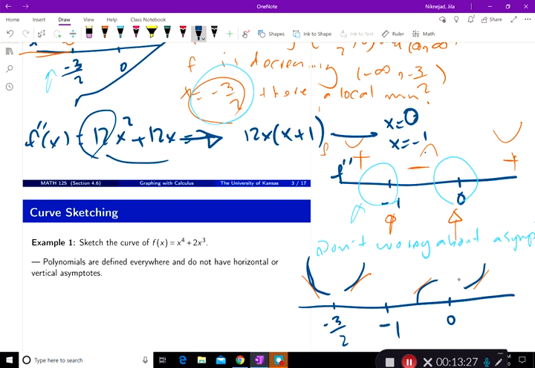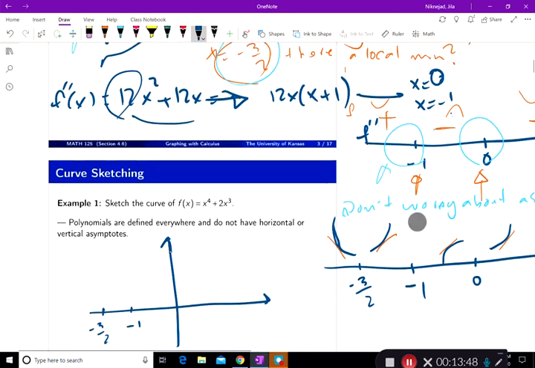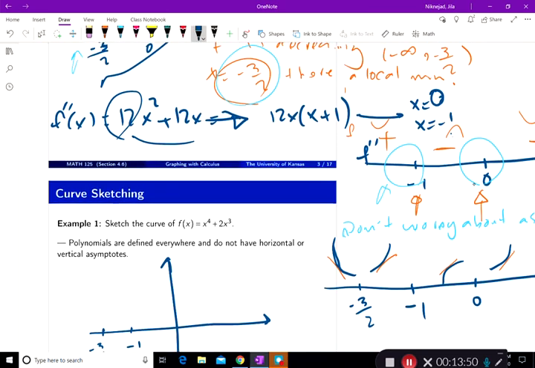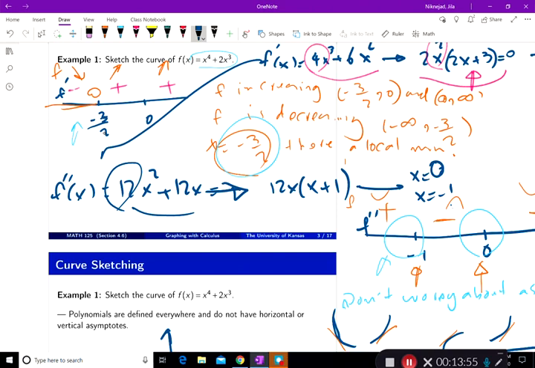Now, what you do is you basically put in -3/2 over here, and then -1 over here, and 0's over here. The points that you have, we said inflection points are -1 and 0, and then -3/2 is a local minimum.